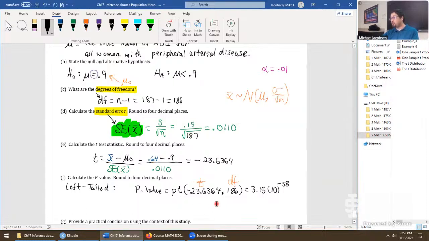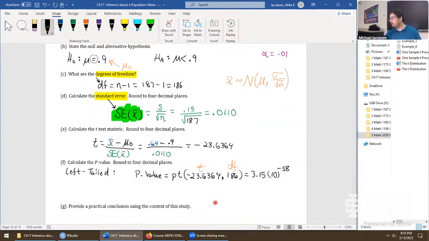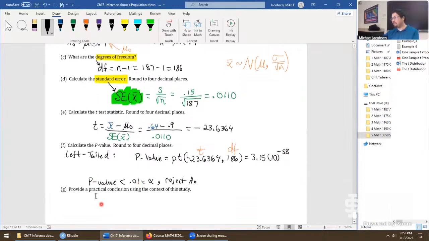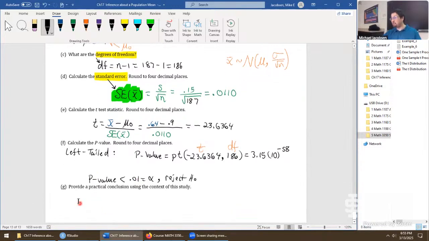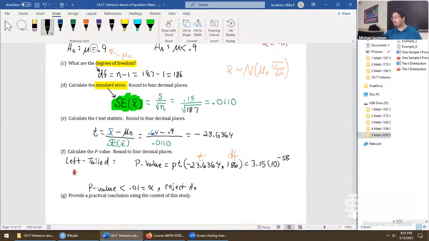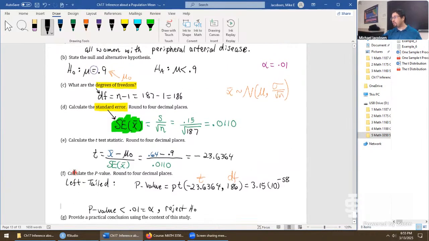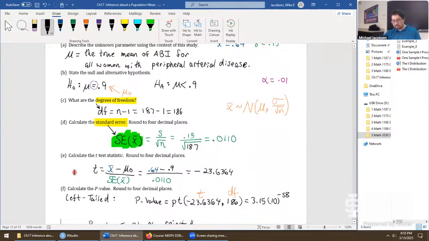So we can say here, because we're about to do a practical conclusion, that the p-value is absolutely less than 0.01, which is equal to alpha. So we will reject H naught. You don't have to say that comment, but it's just a guiding set of thoughts before we jump into part G next. To really give that conclusion, we need a couple things.